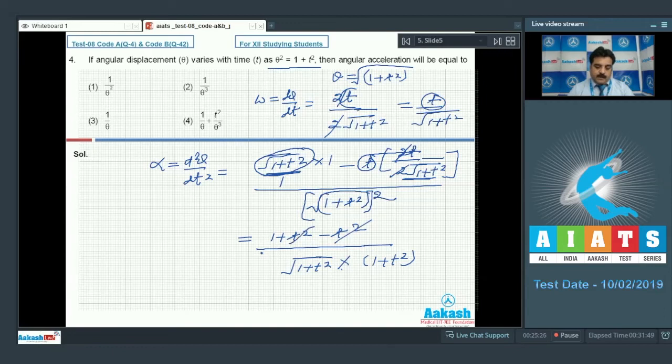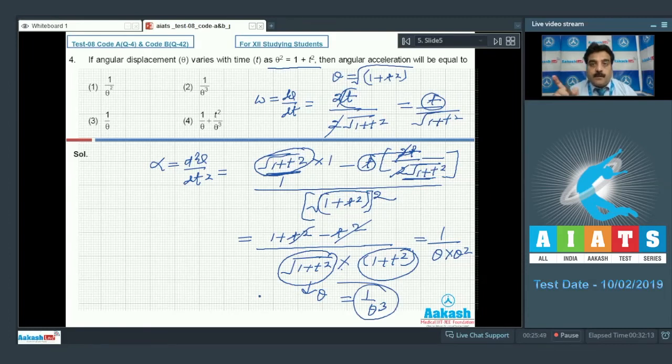This one, t square cancels. I have 1 upon, but listen to me, this is the value of theta, which we saw at the starting, and this is the value of theta. So when you place the value of theta and theta square, you will get 1 upon theta cube, and this is the value of angular acceleration. So I can say my option number 2 will be the right choice.